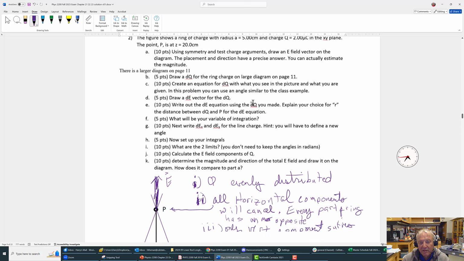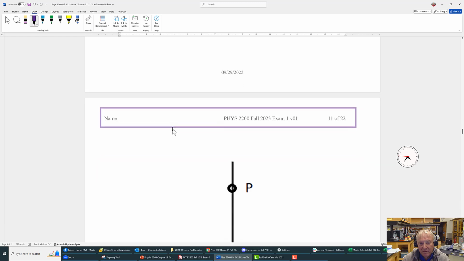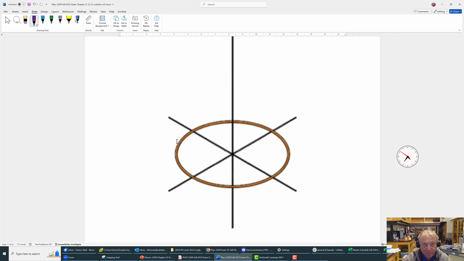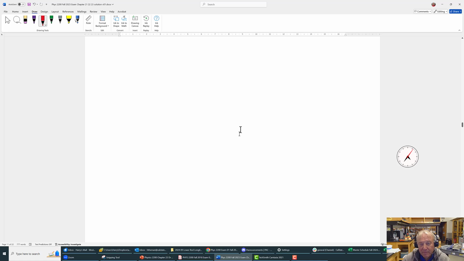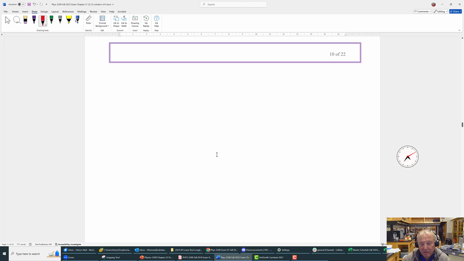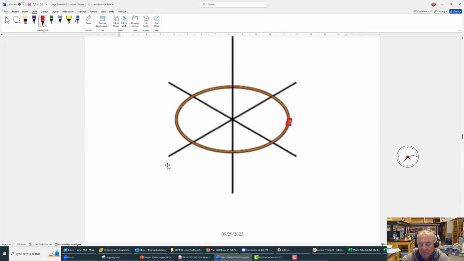Okay, what is next? dQ. Keeping in mind that a dQ has to be some infinitesimal, I'm going to pick some dQ like that, on the large diagram on page 11. So that's my dQ.